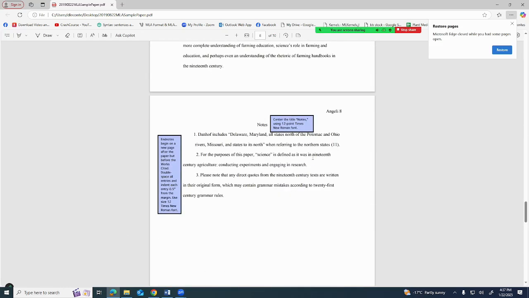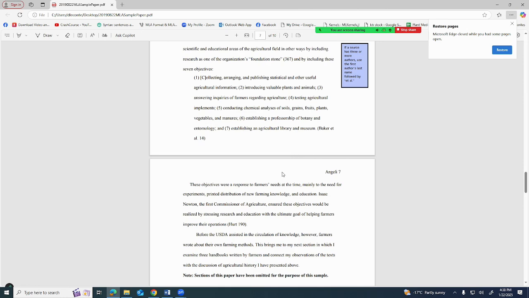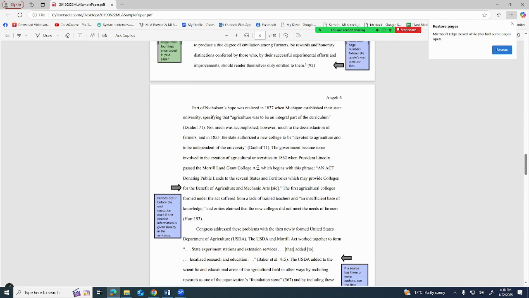Then, okay, I want to show you right now how to do an in-text citation. Here we are. I have this selected here. So this in quotations right here, "devoted to agriculture and to be independent of the university."